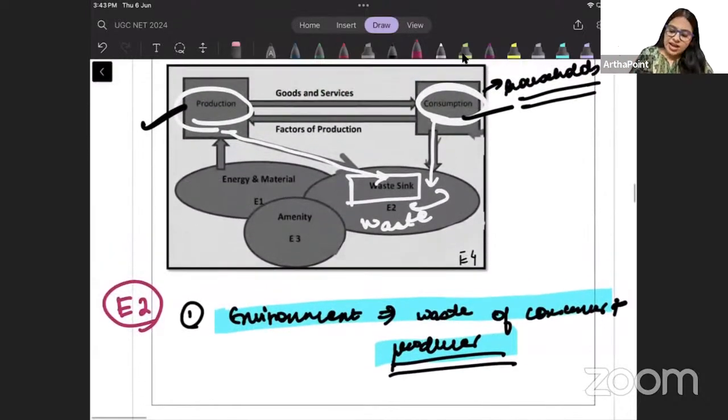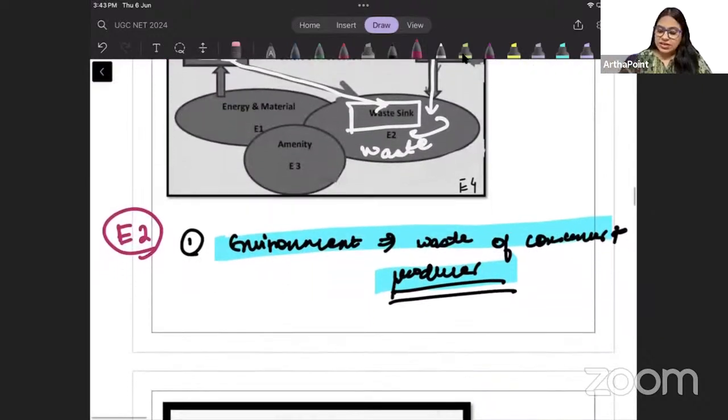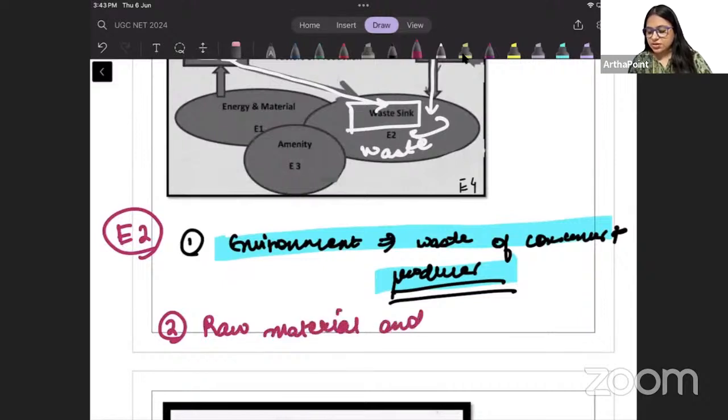Similarly, try to understand that for production to take place, we need raw material and we need energy.